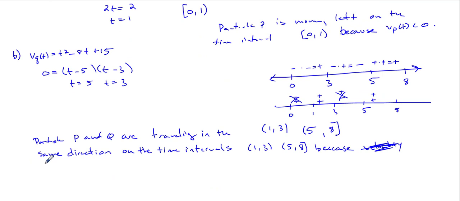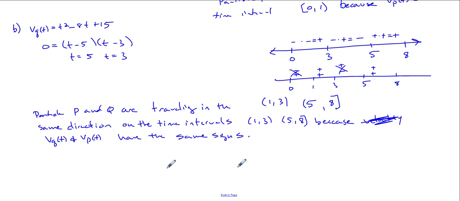Let's say because the velocity of Q and the velocity of P have the same signs. That sounds better. Okay, let's keep it rolling.